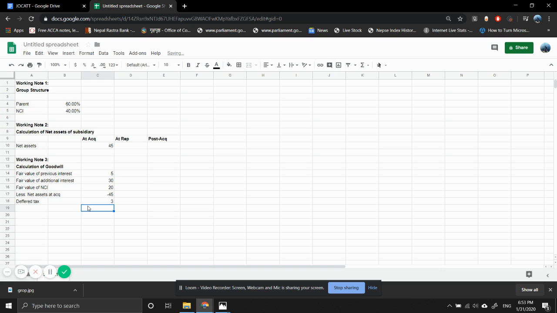This will be the deferred tax. So our goodwill will be the sum of everything, right? 13, okay.